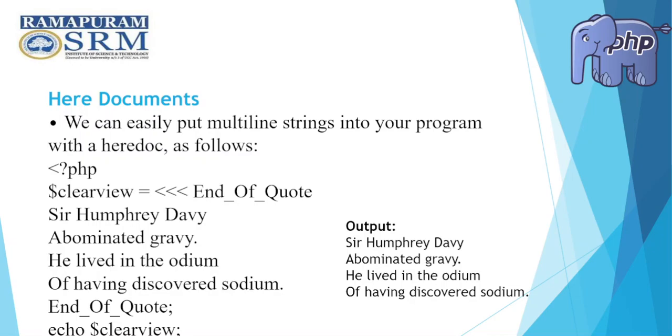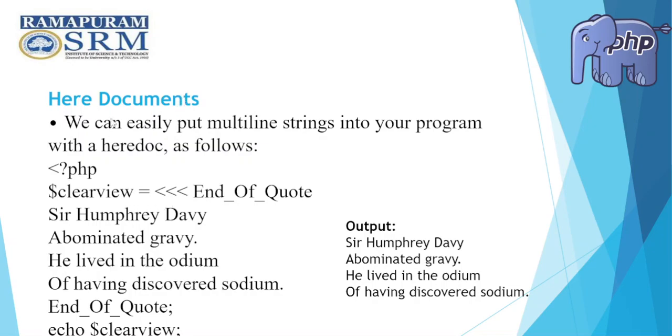Heredocs are used to represent multiple lines of strings. Single quoted and double quoted strings are used for a single line of string. But if you want to display multiple lines of string, you can use a heredoc.